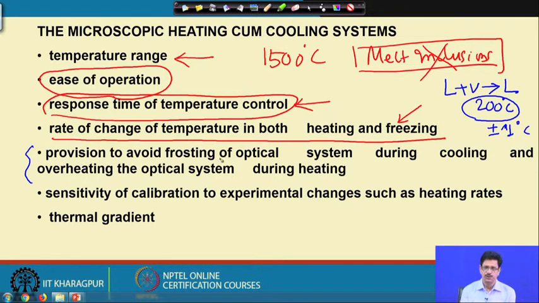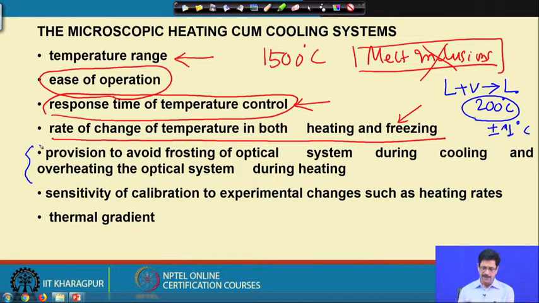The system must be operating in such a way that in the lower temperature ranges of operation the visibility also should be maintained, because those are the temperature ranges where the clarity of the observation is very important.